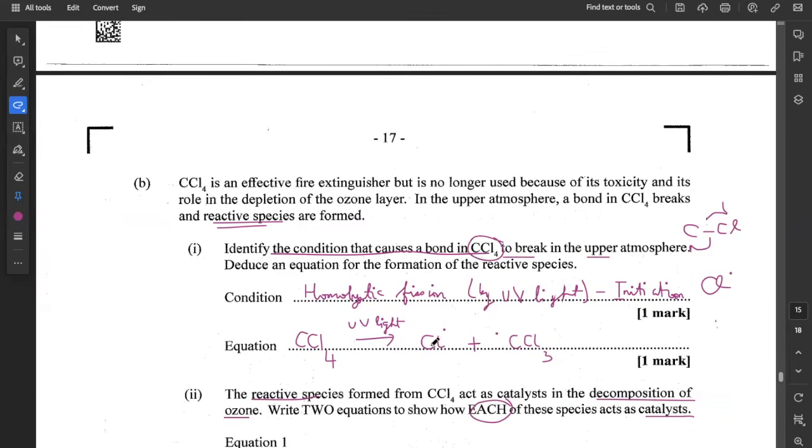That's what they expect to see from us here, the radical formation, and these radicals are our reactive species, okay? As a result of that homolytic fission by UV light, we have these radicals forming.